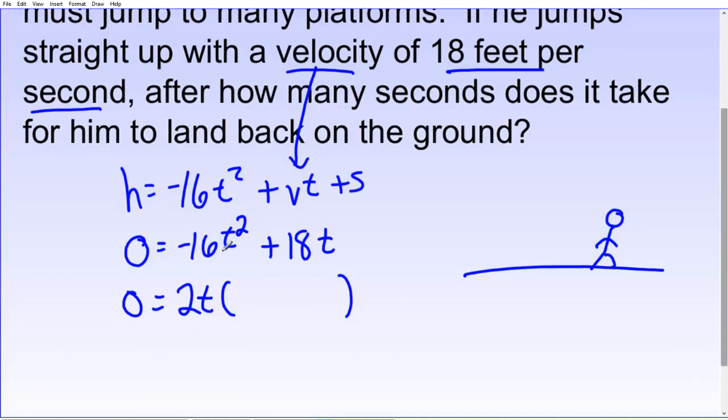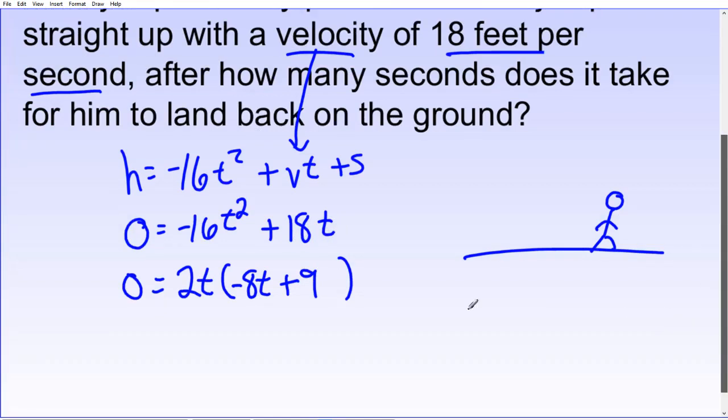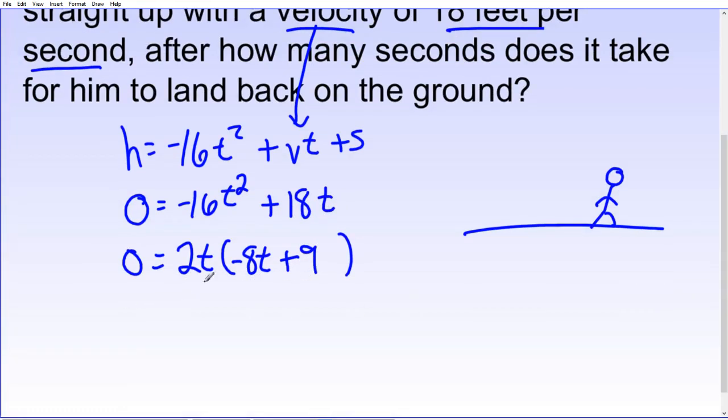If I factored out a 2t from this, I would be left with a negative 8t. Negative 16 divided by 2 is negative 8. T squared, if I take away 1t, I still have 1t left. If I take 18t and divide by 2t, 18 divided by 2 is 9, and the 1t got pulled out front. It got factored out.